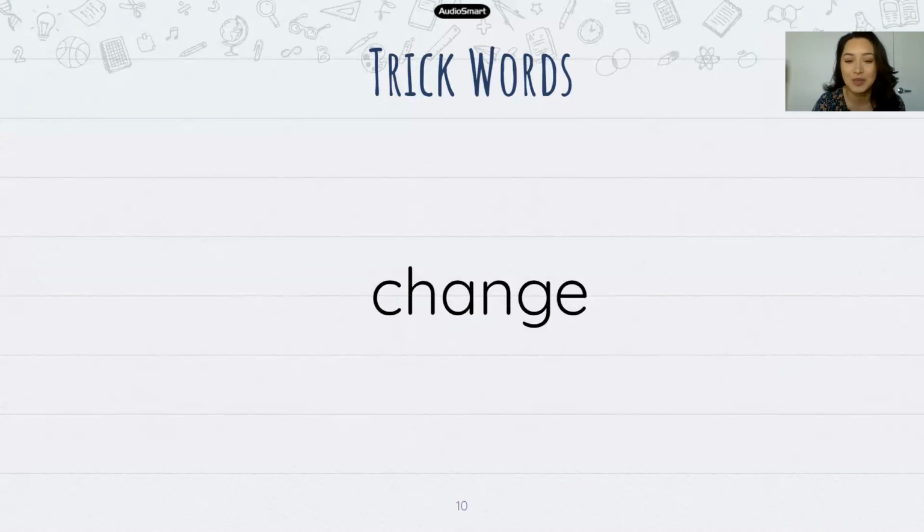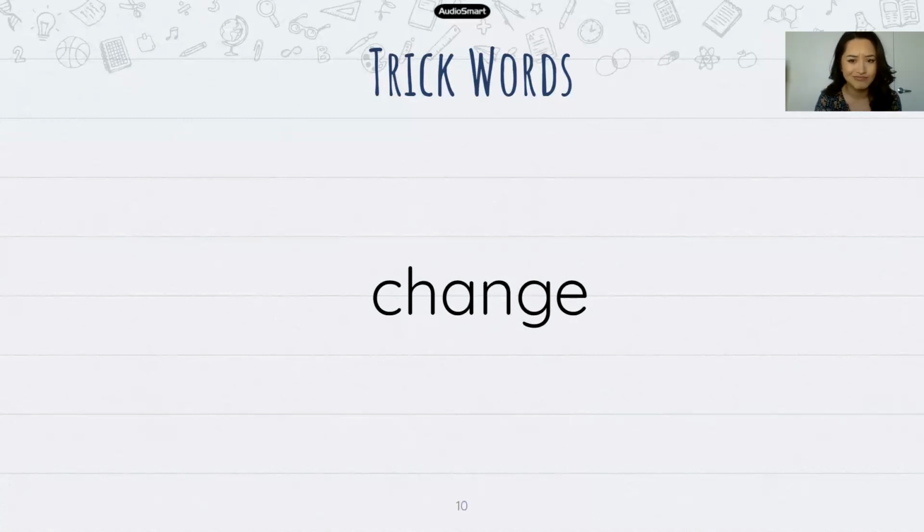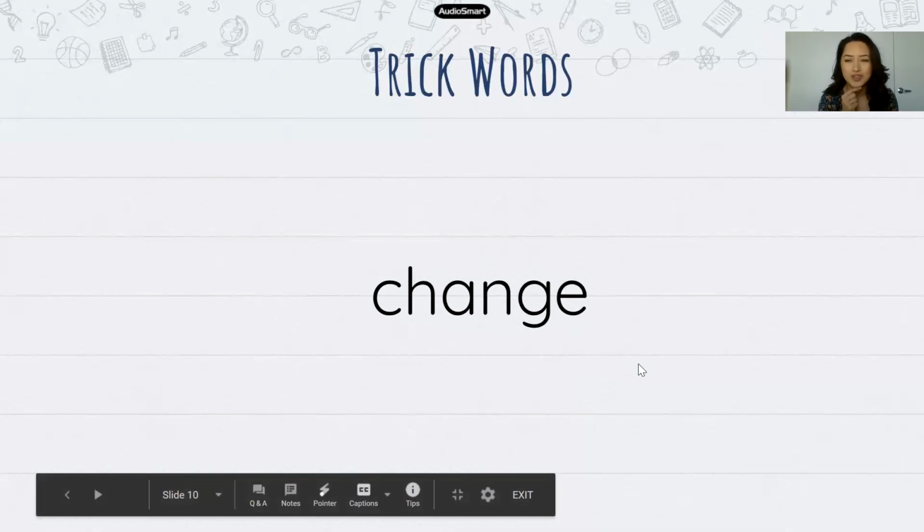All right, last trick word is change. What word? Change. Good. Just like in our last word, that G is not saying the sound that it usually makes. What is my G saying in this word? It's saying the J sound. This should be a J. So tricky.